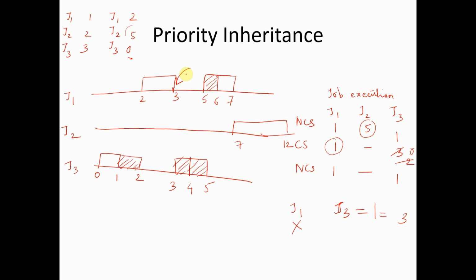When J1 requests a shared resource which is held by J3, the priority of J1 is assigned to J3, so the priority of J3 is made very high. J3 executes its critical section, and then control goes back to J1, since J1 has the highest priority, and it executes its critical section. That's why this problem is called the priority inheritance problem.